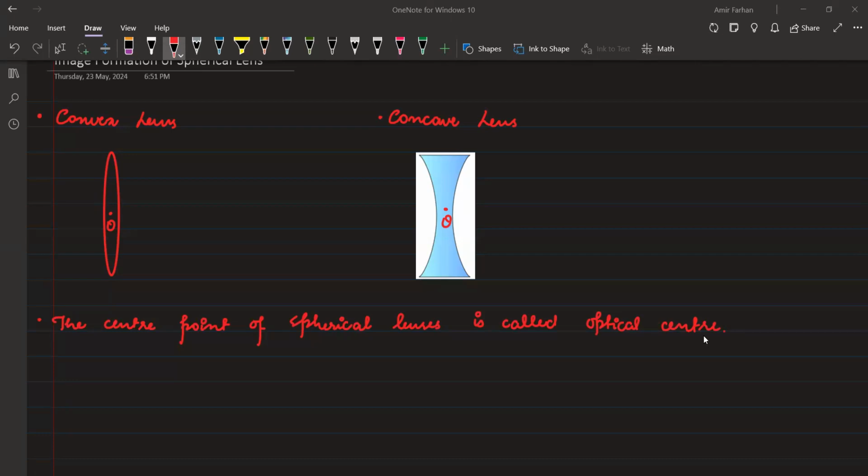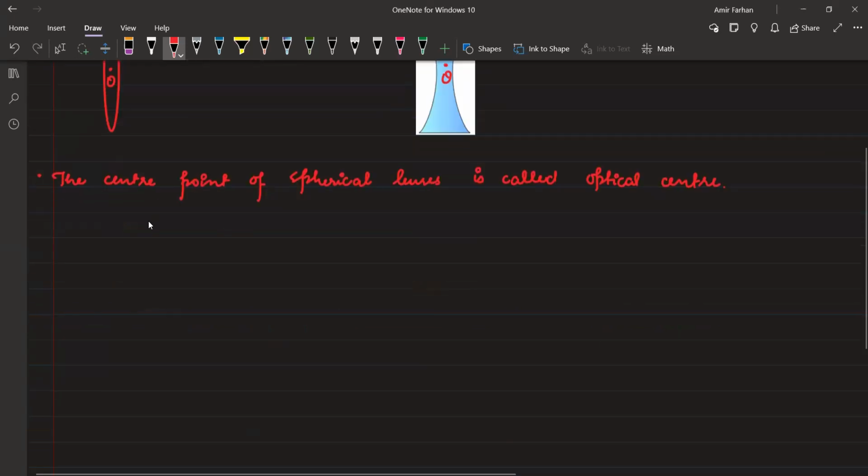In the mirror part, we have only one focus point. But in lenses, the light can travel in both directions, as you can see that light will pass through it. So in the lenses part, we have two focuses; in the mirror, we have only one focus. Let me draw the figure of this lens first.